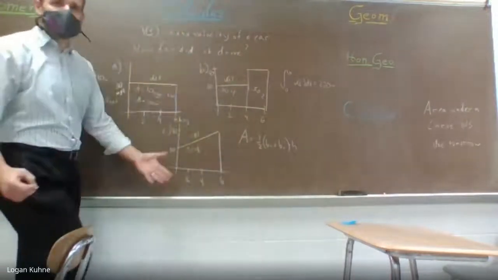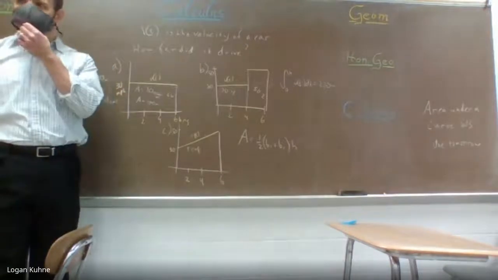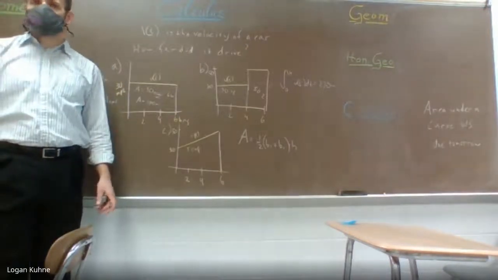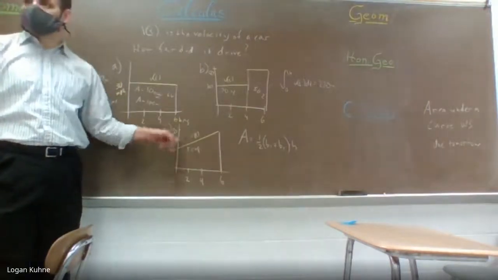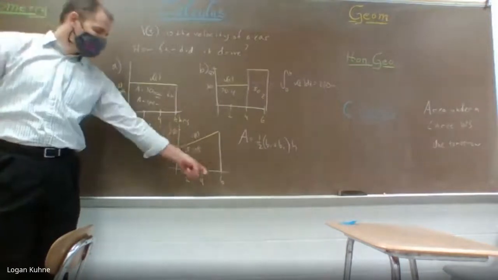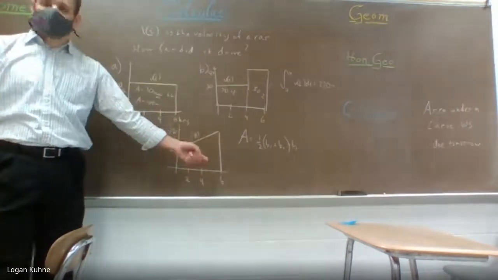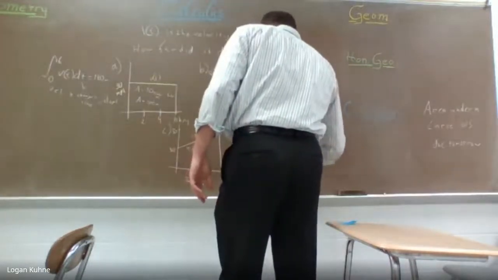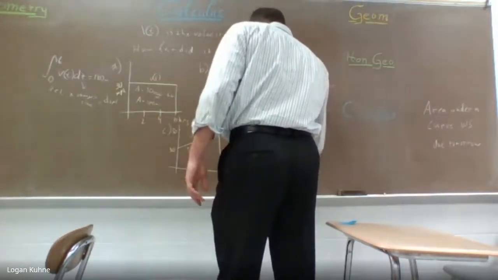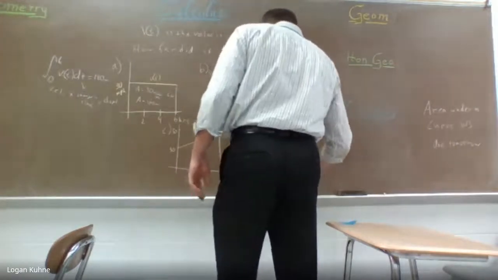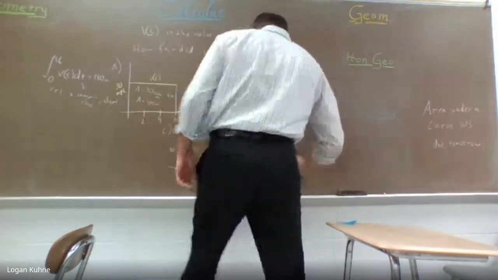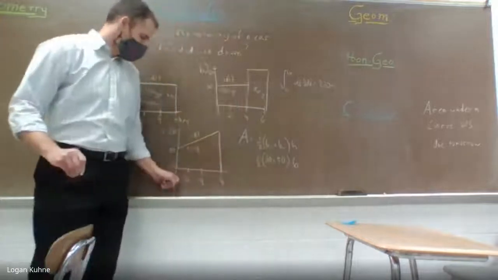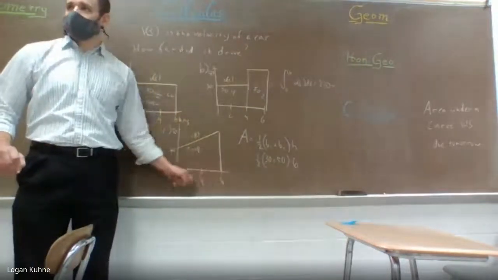Okay, what is base 1 on this thing? That's the 30, yes. Base 2 is 50. 30 plus 50. And then the height is 6. The change from here to here, right?